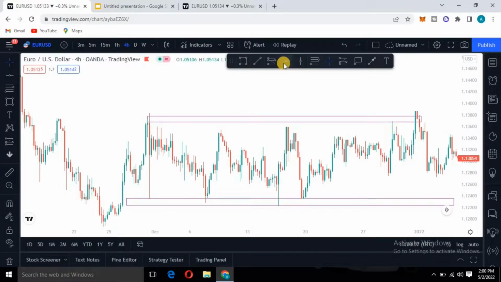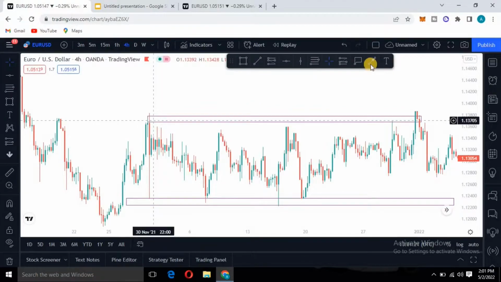Remember, some people use a horizontal line, but always bear in mind that this is a region. A region means it can be anywhere within this box. It is considered to be a support and resistance level, whether up or down. The up one is considered to be a resistance, which means when the market takes off from here, this region resists it from moving higher.